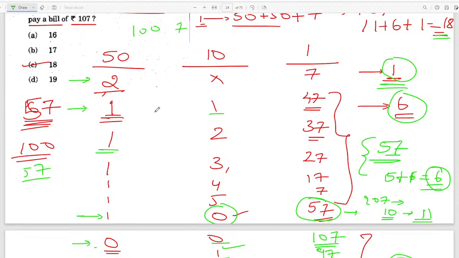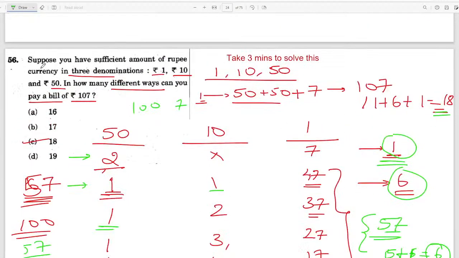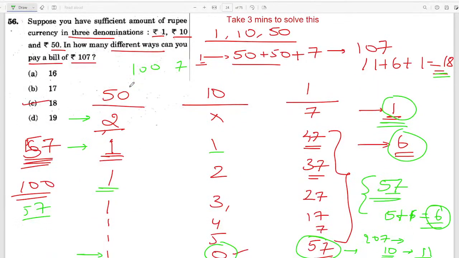So I would not suggest directly using the formula, because with a formula you would not understand clearly, and next time they may give some other conditions and the formula won't work. So just stick to the basics. These are just basic counting methods.